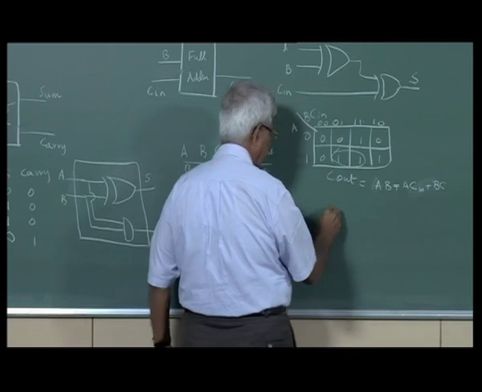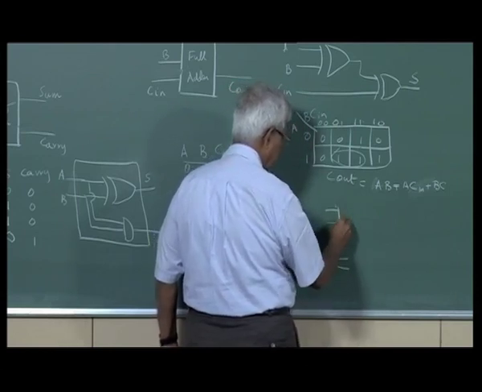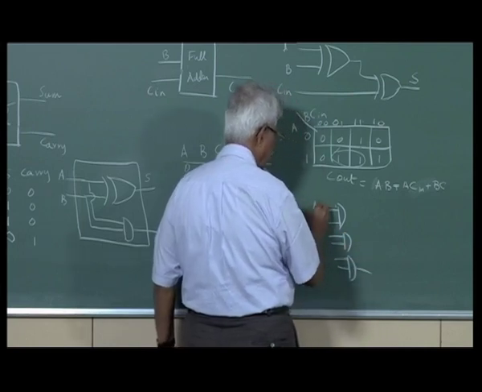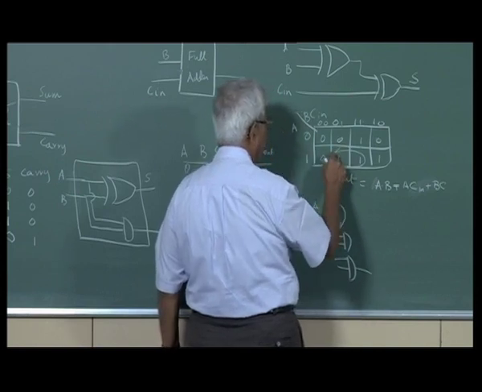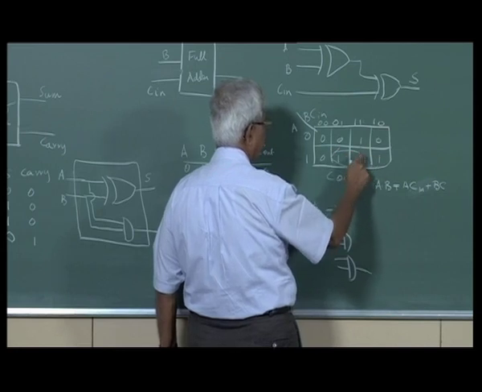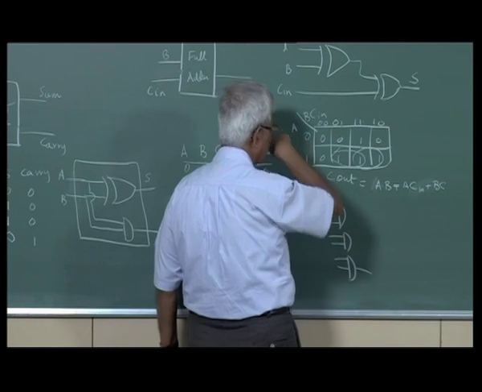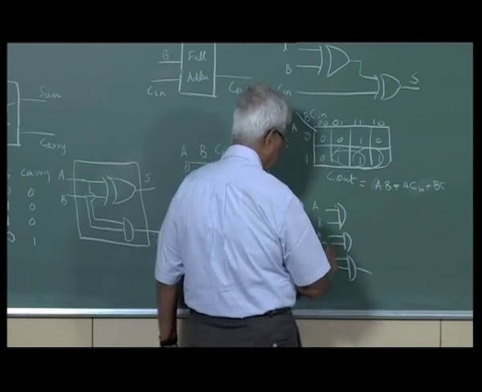So that means I have 3 AND gates: AB, AB, AC in, BC in.